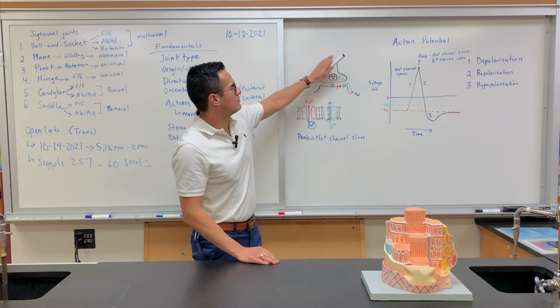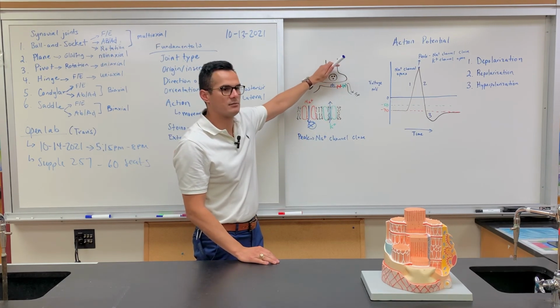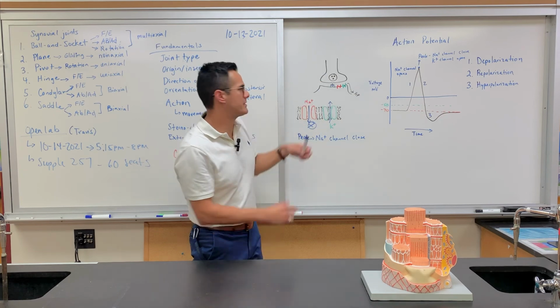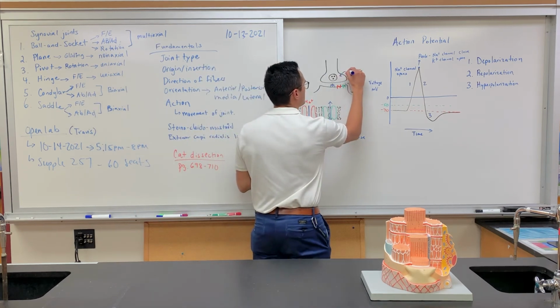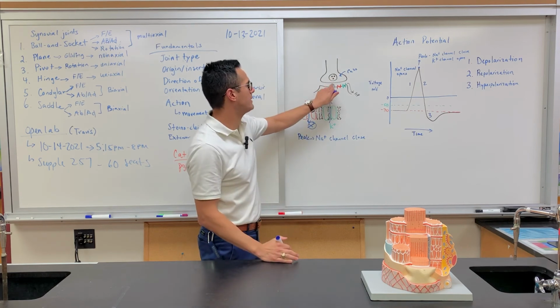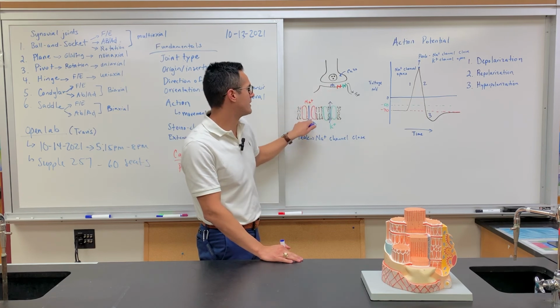Okay, so revisiting from the very beginning, this is what's representing the axon terminal. Acetylcholine is here in the vesicle. Acetylcholine gets released due to calcium that flows in. That's what causes the release of acetylcholine. It'll bind to its receptor, and once acetylcholine binds to its receptor, we have the flux of our ions.